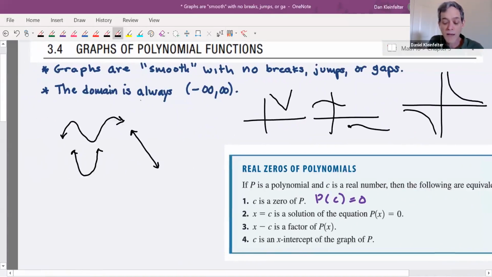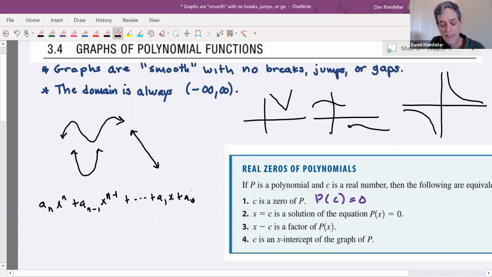Also, the domain for a polynomial function is always all real numbers, so negative infinity to infinity. Remember that a polynomial function looks like a sub n x to the n plus a sub n minus 1 x to the n minus 1 and so on.